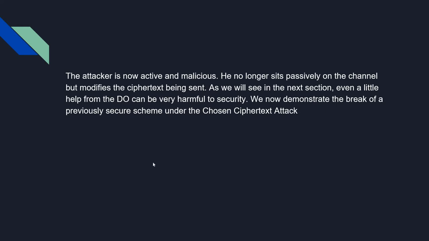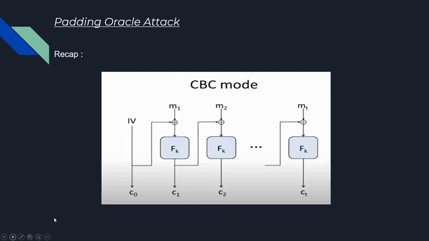In the further part, we will see that even a little help from the decryption oracle, that is, not getting the entire decrypted plaintext but just a part of it, can be very harmful to the security. Now let's see the break of a previously secure scheme under the chosen ciphertext attack.